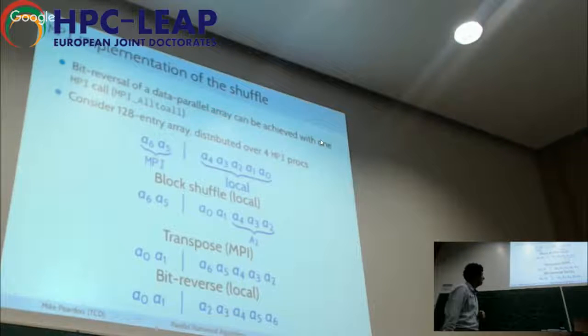But in the more general case, where the local address length is different from the number of MPI processes we have in our machine, then in general the top operation and the bottom operation are different.